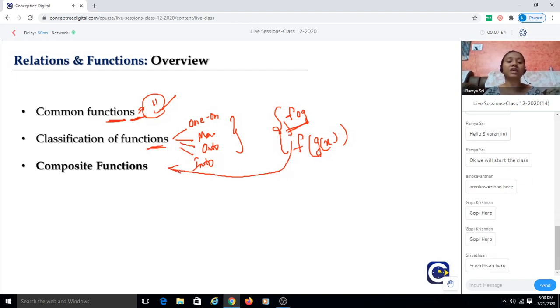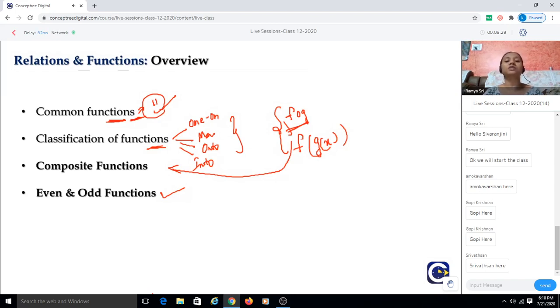First we'll begin our session with the topic of composite functions. Then next we are going to discuss even and odd functions. I guess even and odd functions are quite familiar to you, and you know the basic definition. We'll go through the basic definition of an even function and an odd function, and see a few examples along with the properties.